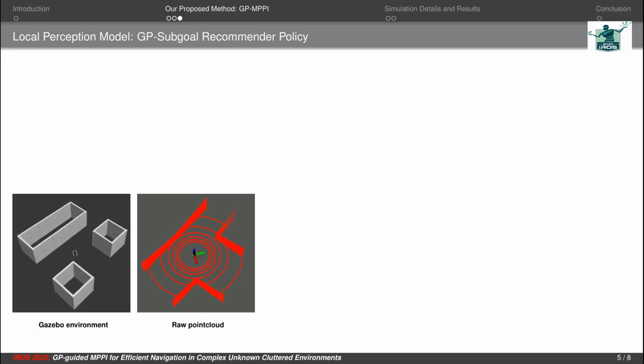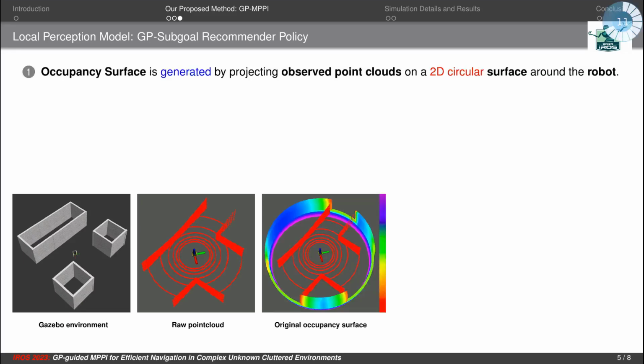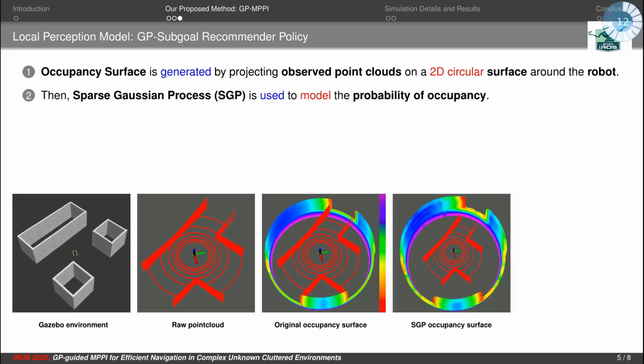Here we present a concrete example of the SGP occupancy model applied to our Jackal robot with an onboard 16-beam Velodyne lidar sensor, located in an unknown cluttered environment. First, we generate the occupancy surface by projecting the raw point clouds on a 2D circular surface around the robot. Then we use the SGP to model the probability of occupancy.